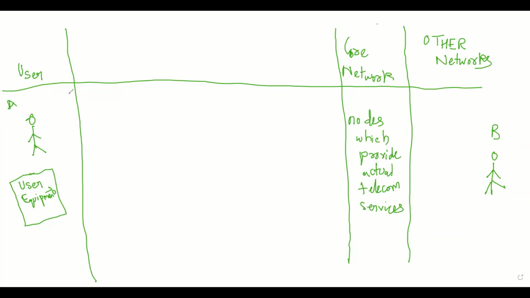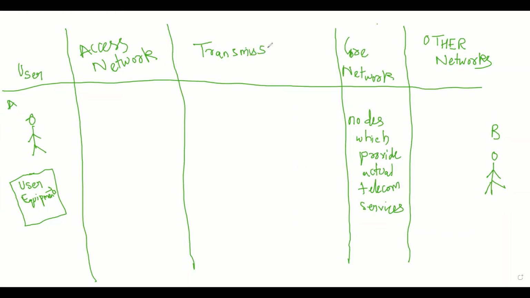So let's say what are the next missing steps between the user and the core network? So you have what is called the layer of access network, right? And we also have what is called the layer of transmission. Okay.